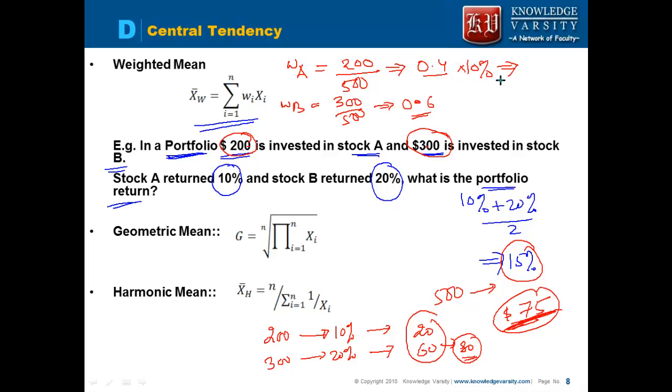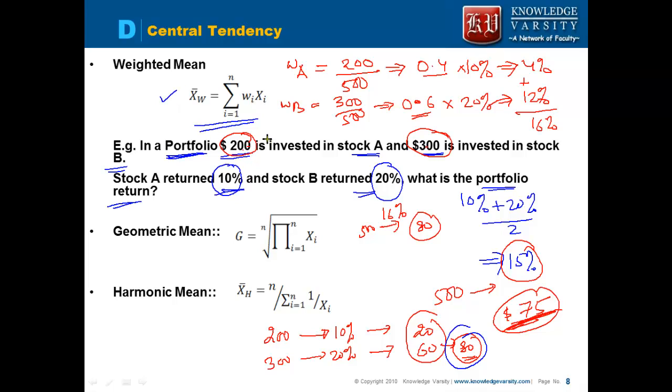So this comes as 0.4 into 10, 4%. 0.6 into 20%, this is 12%. If you add these two, it will become 16%. So on your $500, you are getting a return of 16%. So 16 into 5 is $80, which is exactly this value. So we say the weighted mean return is a better measure when the amount invested is different. Only if the amount invested were the same would the arithmetic mean have given you the value.